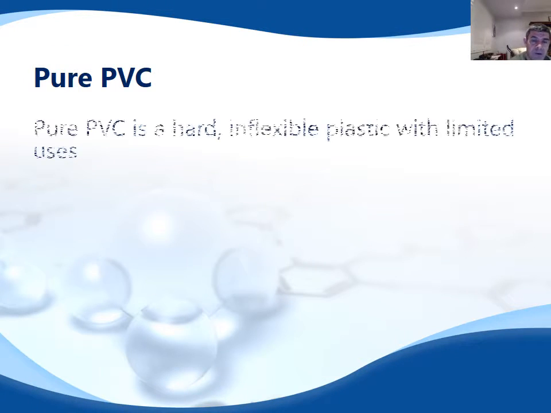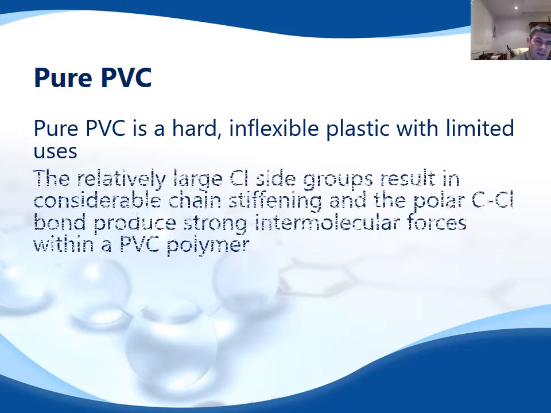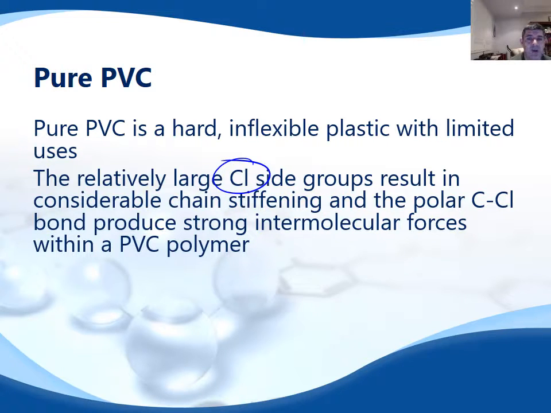For pure PVC, we have a very hard, inflexible plastic with limited uses. One of the reasons for that is the large number of chlorine groups within each of those long chain molecules. The problem is we have polar bonding, and therefore we have dipole-dipole interactions, and these are much stronger intermolecular forces than dispersion forces.